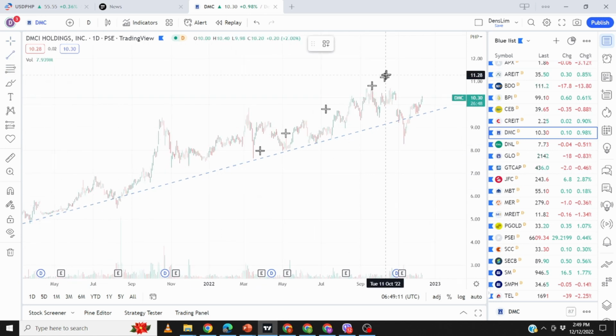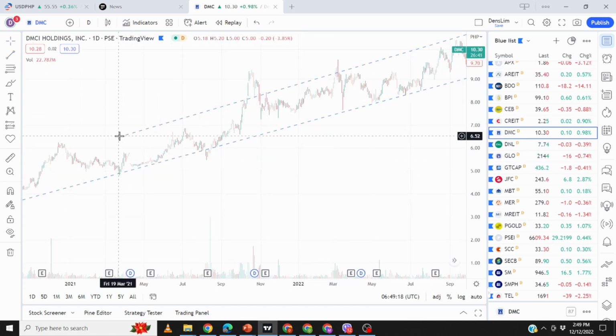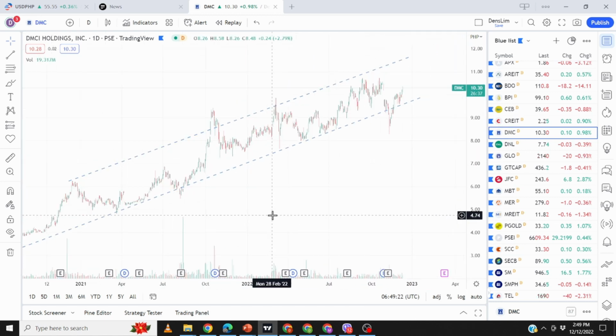You can draw a price channel here, you can draw another horizontal line here, you can draw another trend line here, just to identify a price channel. So now you don't have a horizontal price channel, but you have an upwards moving channel.